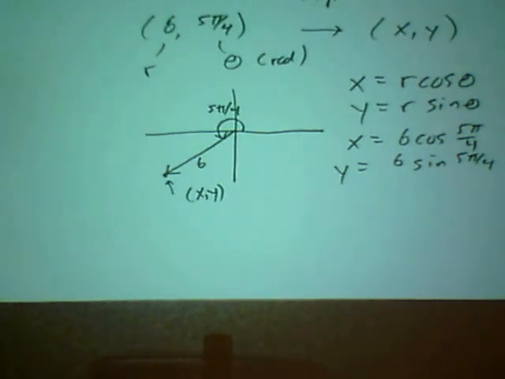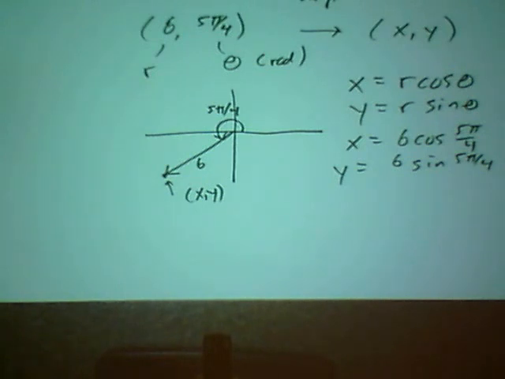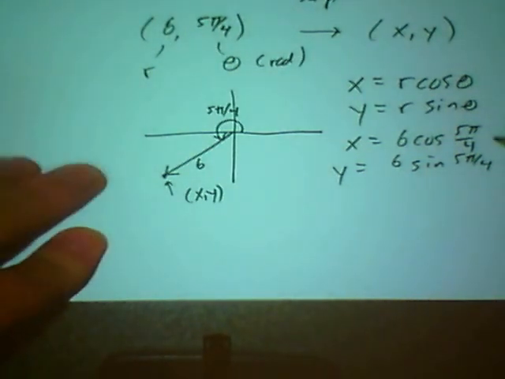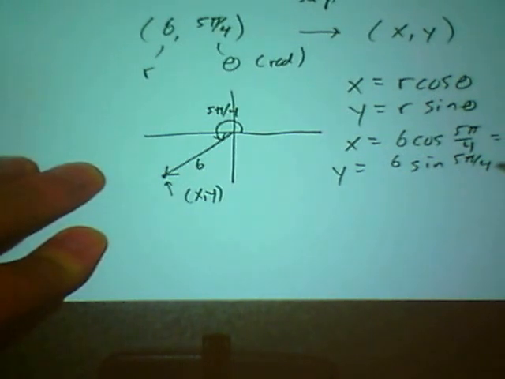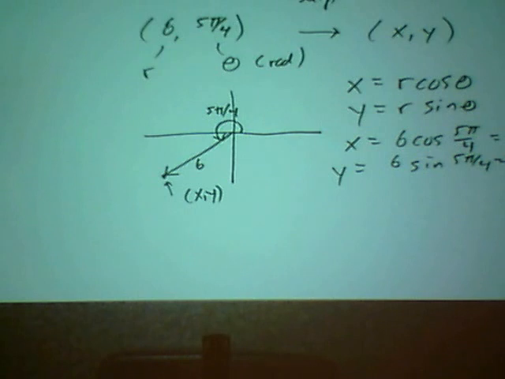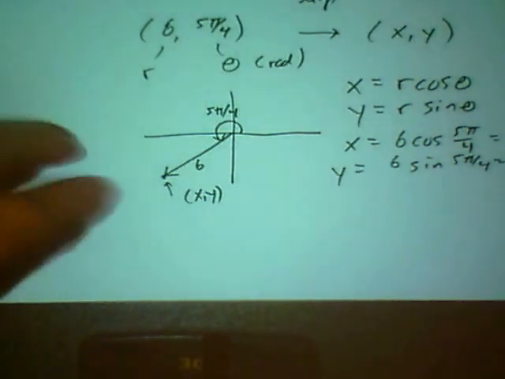So I'm going to take the cosine of 5 pi over 4, 5 times pi divided by 4. I'm going to take the cosine times 6, negative 4.2, and then for the y, 5 times pi divided by 4 equals the sine times 6.